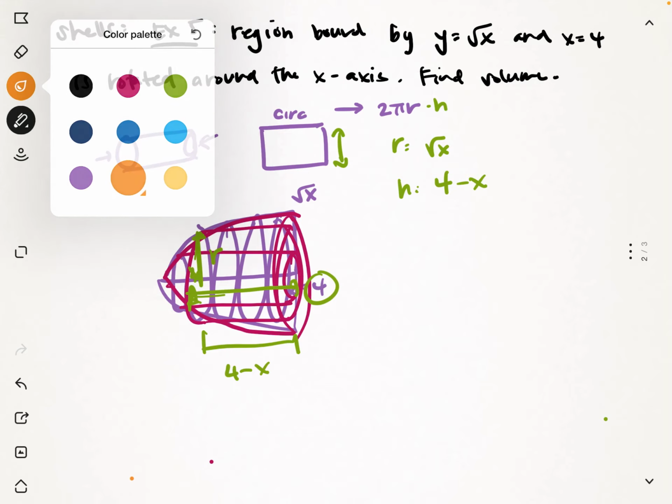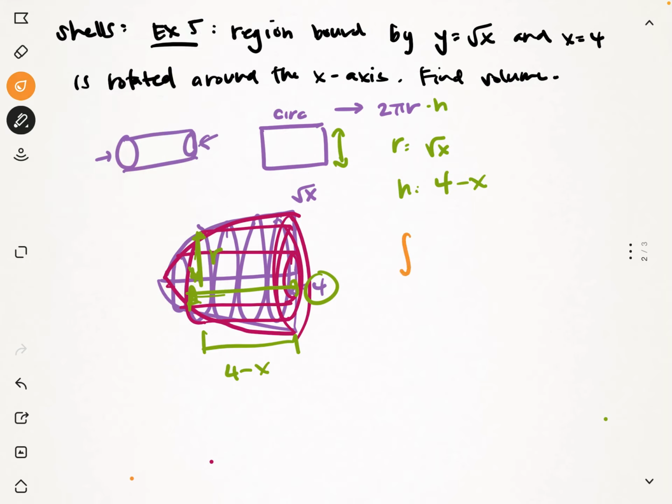Let's use orange. So for this one, we're going to do from 0 to 4, right? Because our x starts at 0, it ends at 4. And our integral is going to look like 2 pi r h. So 2 pi times r, which is square root x, times h, which is 4 minus x.